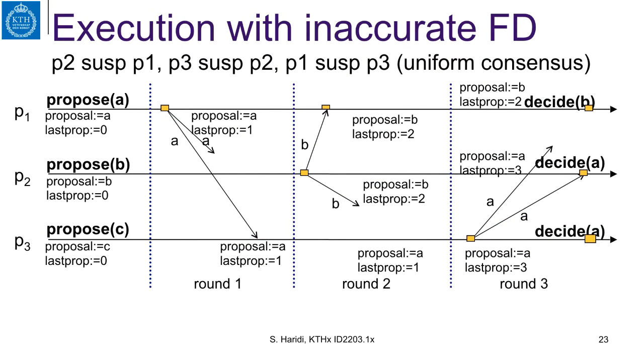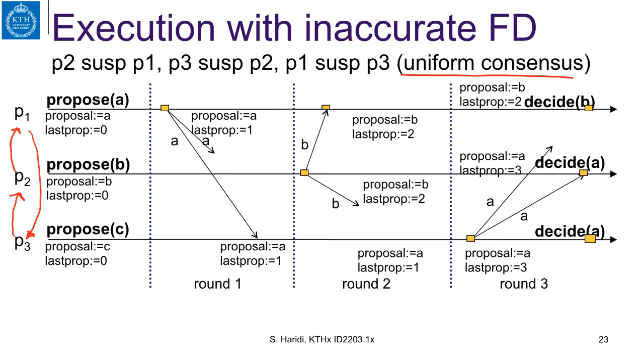So let us look at the execution where we have an inaccurate failure detector, but we have the uniform consensus algorithm, which decides on the last round. But we have the following inaccurate failure detector where P2 suspects P1, P3 suspects P2, and P1 suspects P3.